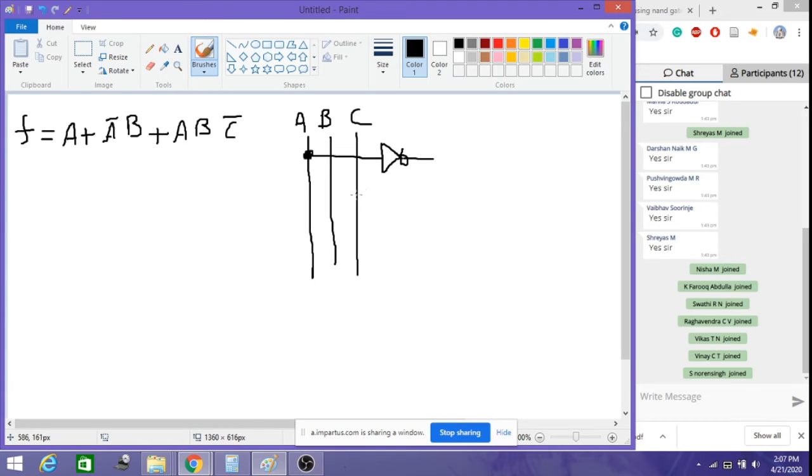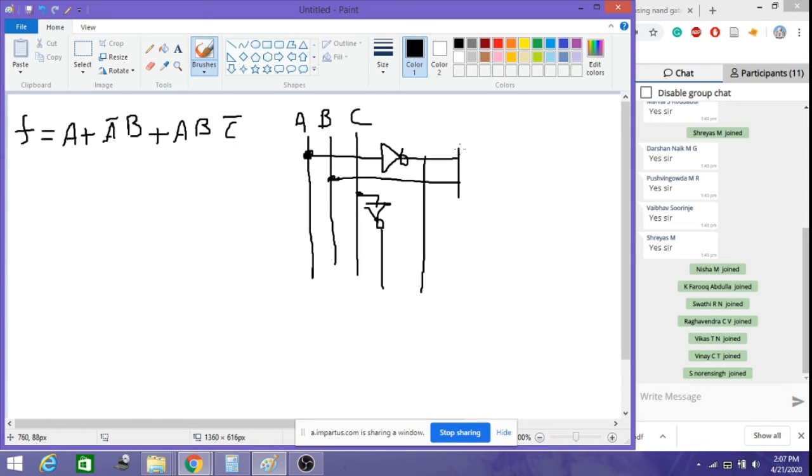Likewise I'll put a NOT gate and get one more line here, so this is C complement. Now let us write the circuit. So it is A complement, and I'll take this A complement into B, from the B input.